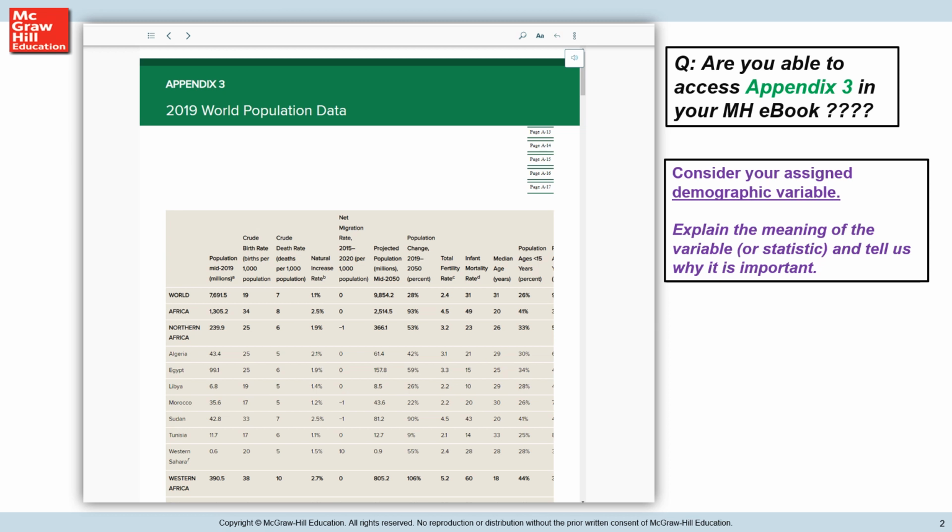Things like infant mortality rate, what does that say about a place? Or numbers like median age. What can that tell us about these places? All right, so make sure that you're able to access Appendix 3 in your ebook, and I may reference that from time to time.